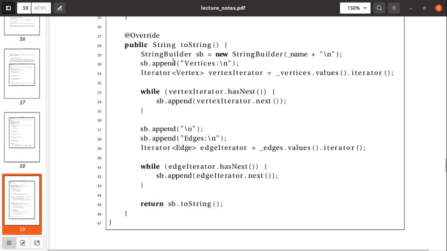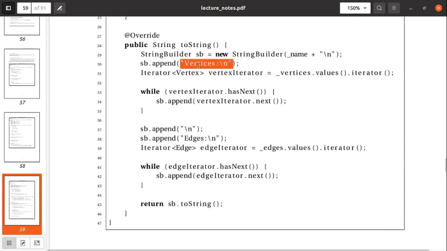Right? So you do all of your appending, all of your concatenations using your reference. In this case, we called it sb, so sb.append. And so we begin with the name, right, and then it's got that newline character. And so this is our toString, right? So what do we want to see? We want to see the name of our graph, and then we want to see the collection of vertices, right?